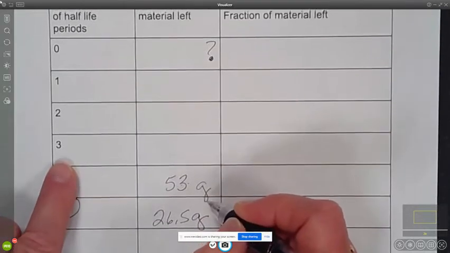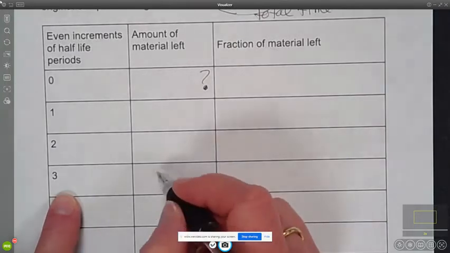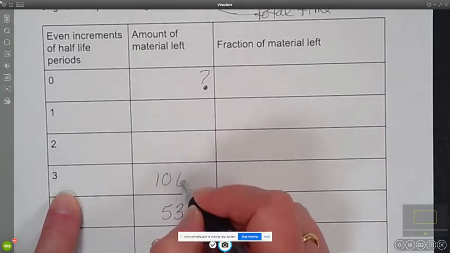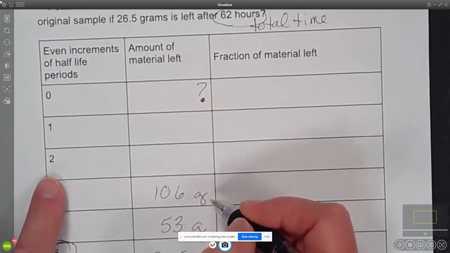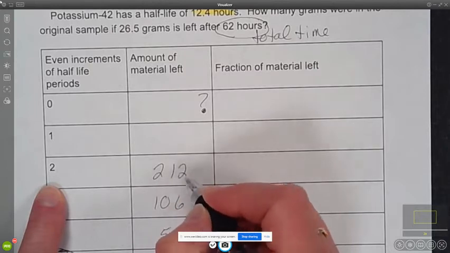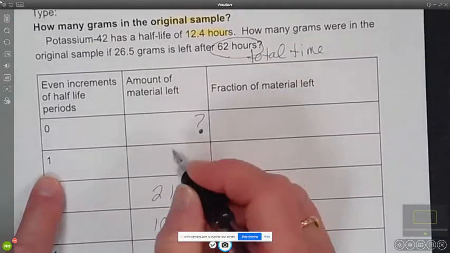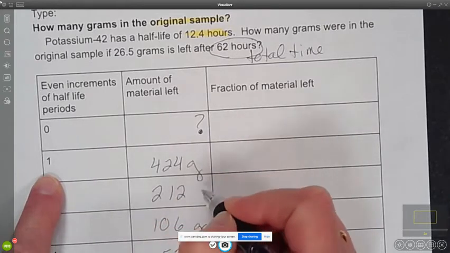And then after 3 half-lives, I'm going to have double this amount. This is 106 grams. And then double that, and that's 212. Double that, that's 424 grams.